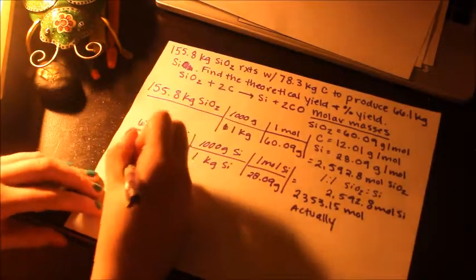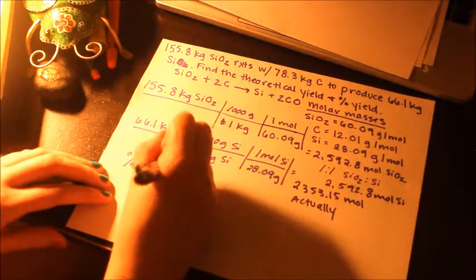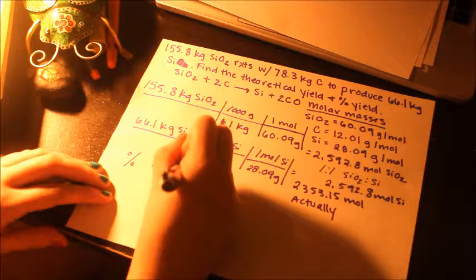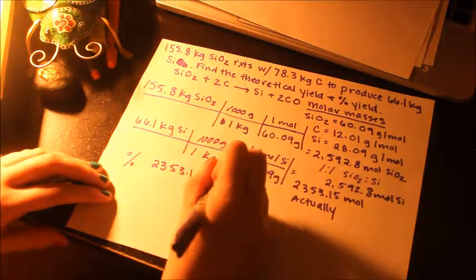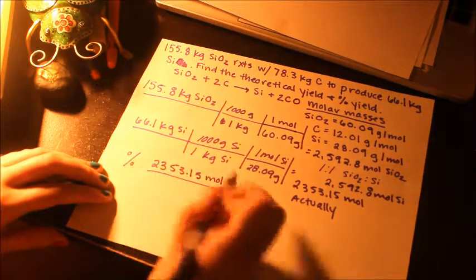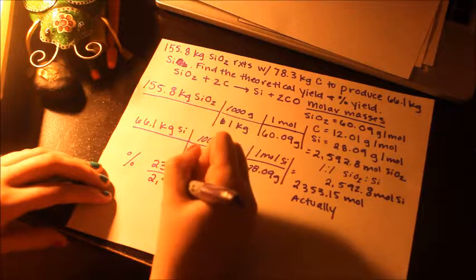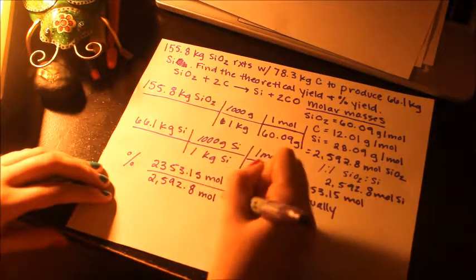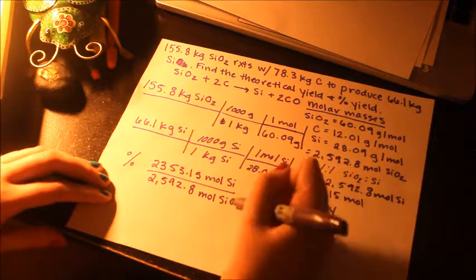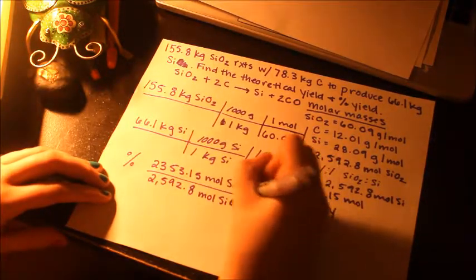And now we can find our percent efficiency by taking 2,353.15 moles of Si over 2,592.8 moles Si.